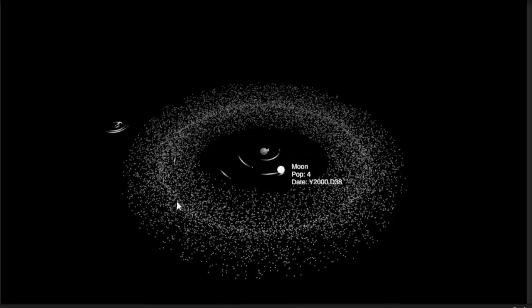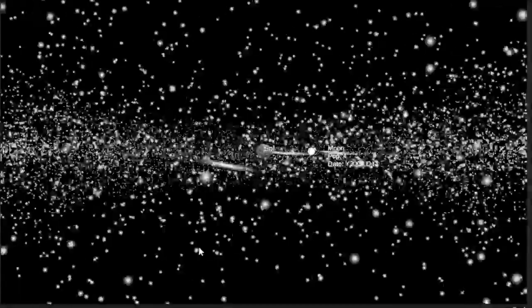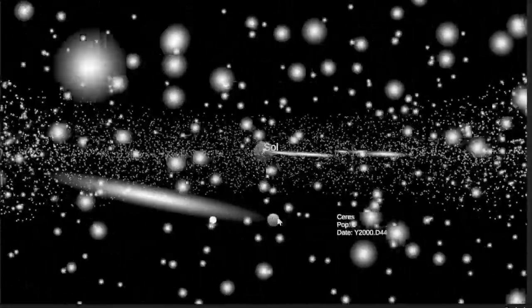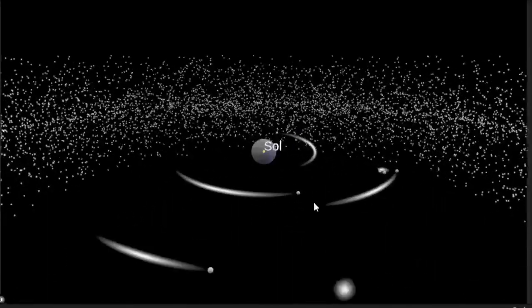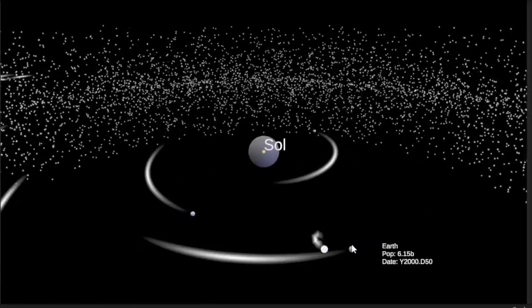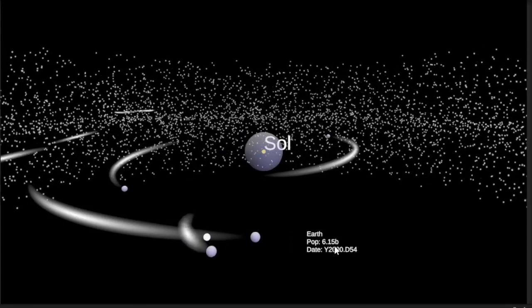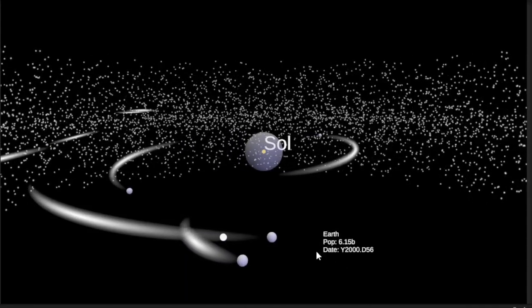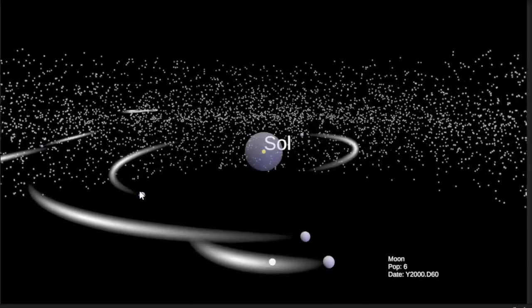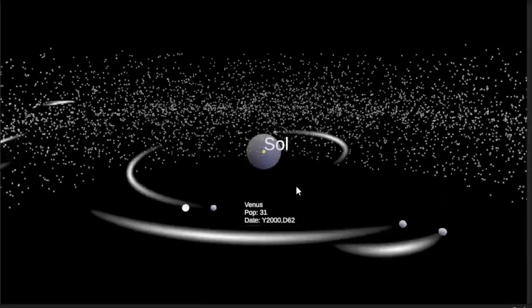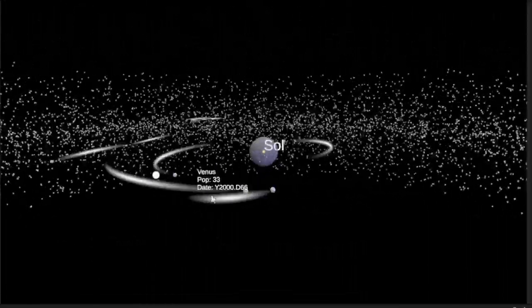This asteroid belt is just a particle system, but it's also got Ceres in there. And the important thing is that the population of these planets can grow and migrate to the other ones, depending on the habitability of them.